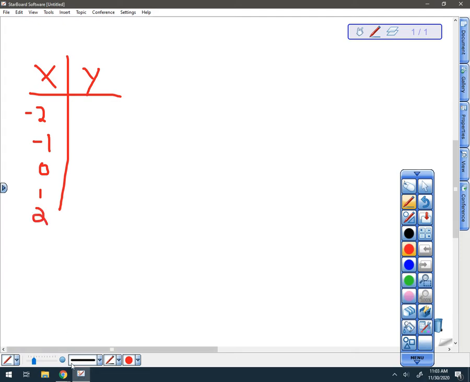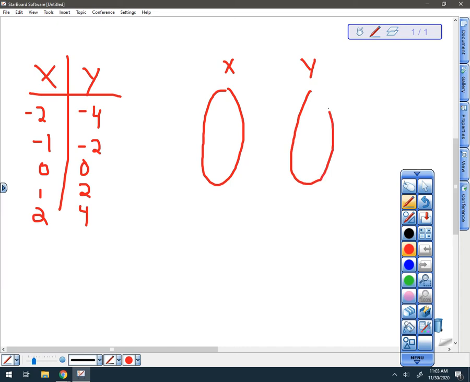Our y's are -4, -2, 0, 2, 4. So what mapping is, instead of a table, you just make an oval. So I've got an oval here and an oval there, and this is what's called mapping.